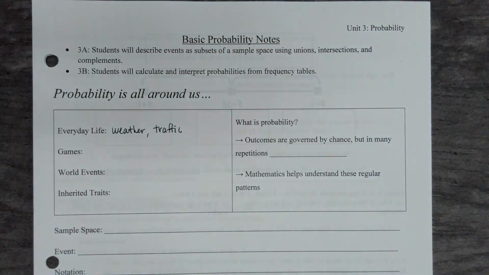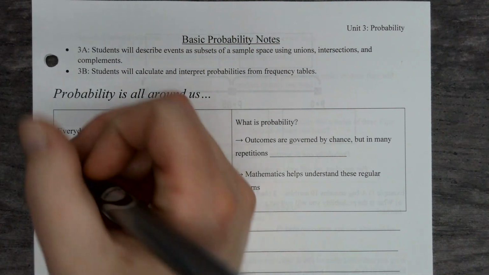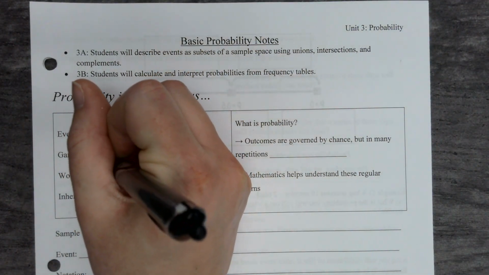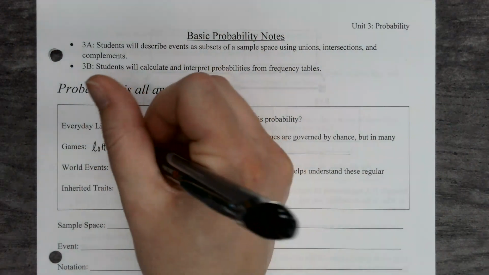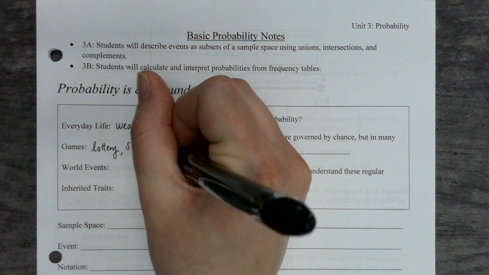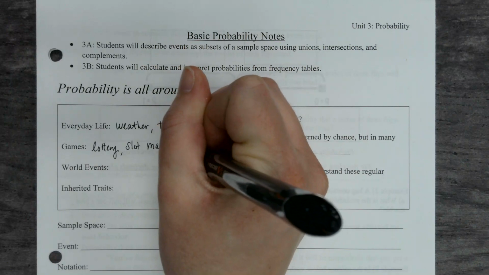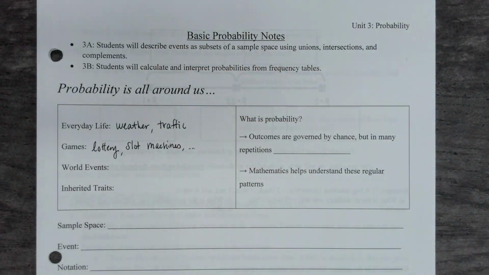When we're talking about playing some games, you've got the lottery that you always hear about, you've got some slot machines, and there's lots of other games that involve probability.